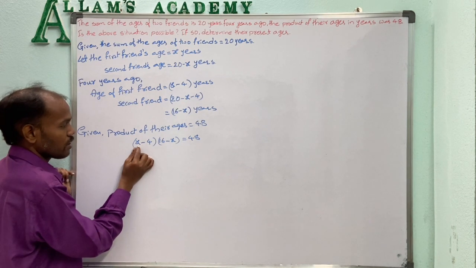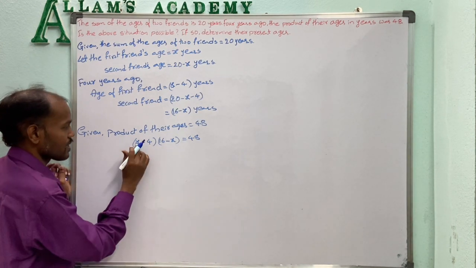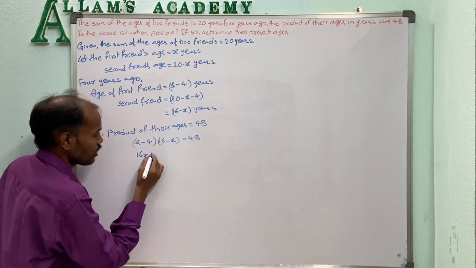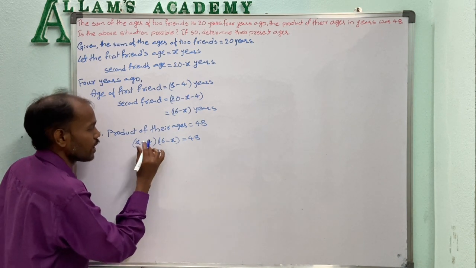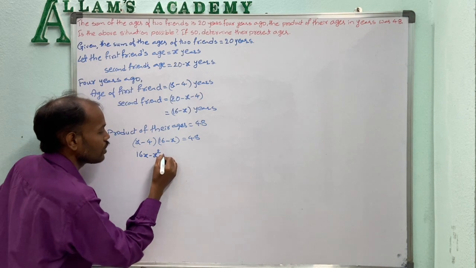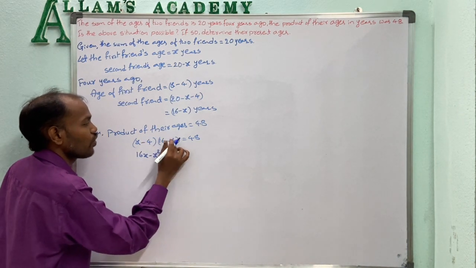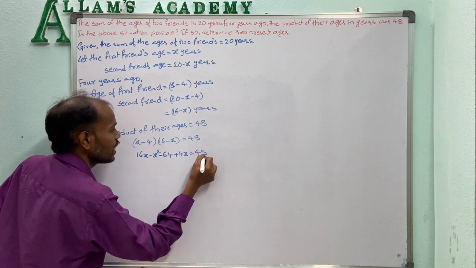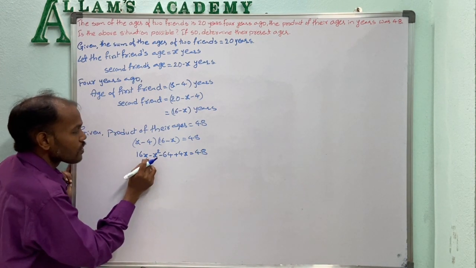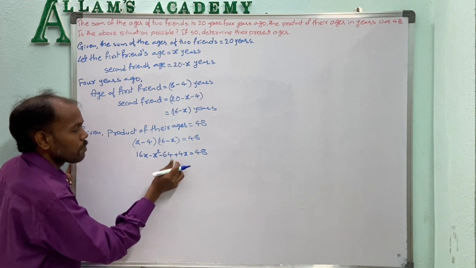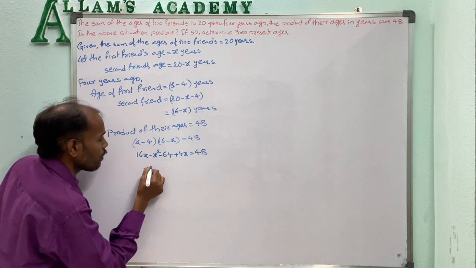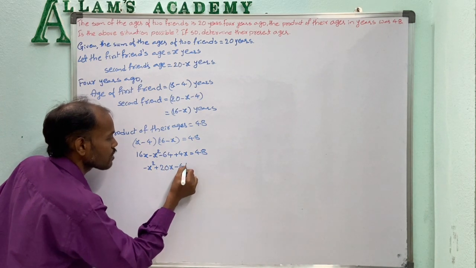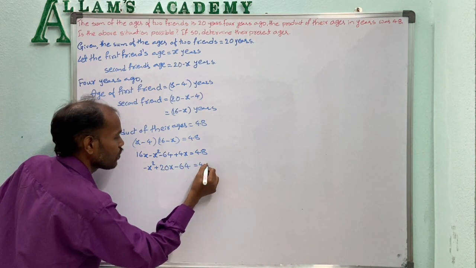Now first multiplying x with 16 minus x: x into 16 equal to 16x, x into minus x equal to minus x square, minus 4 into 16 equal to minus 64, minus 4 into minus x is plus 4x, equal to 48. Now 16x plus 4x is nothing but plus 20x. So minus x square plus 20x minus 64 equal to 48.